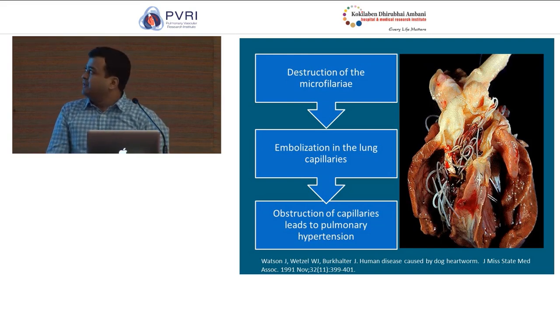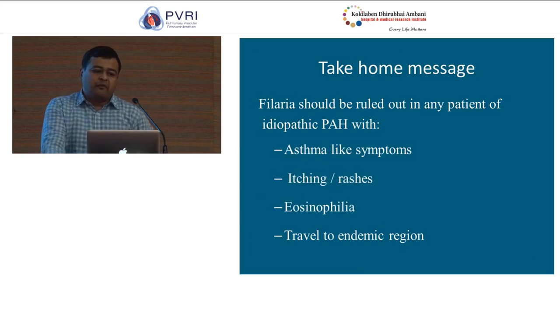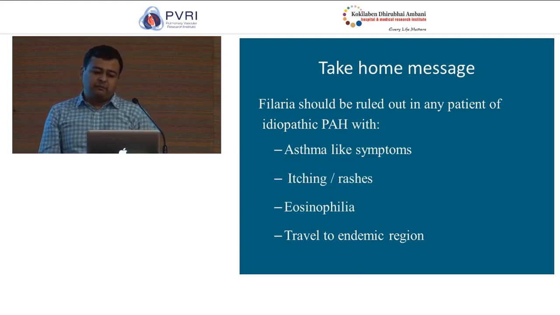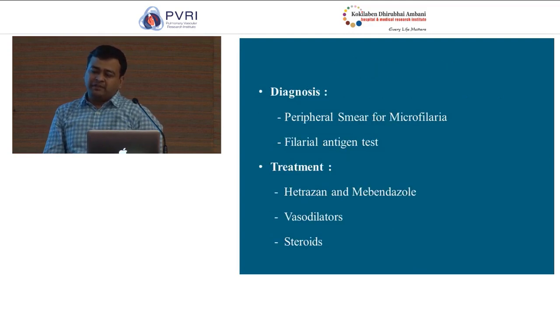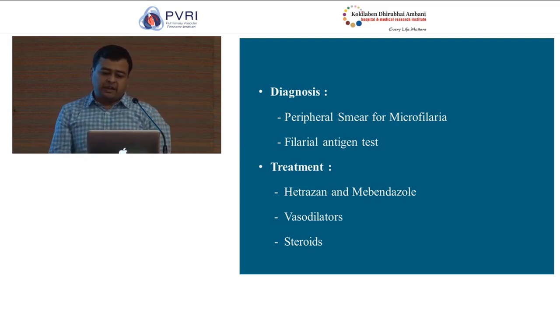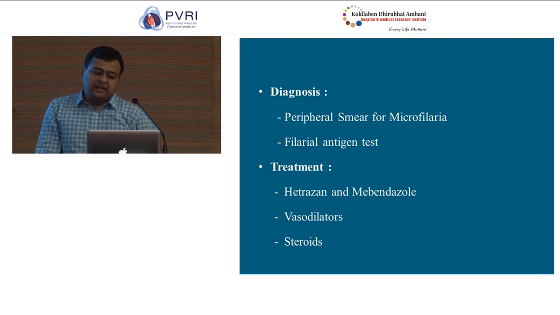From these cases, we came to a conclusion that filaria should be ruled out in any patient with idiopathic PH, with asthma-like symptoms, itching, rashes, eosinophilia, and a history of travel to endemic regions. It should be diagnosed using peripheral smear for microfilaria or a filarial antigen test, which is diagnostic. DEC with mebendazole, vasodilators, and steroids should be considered. Thank you.